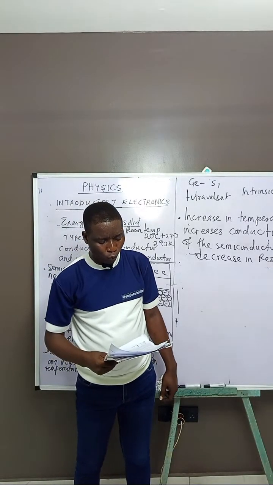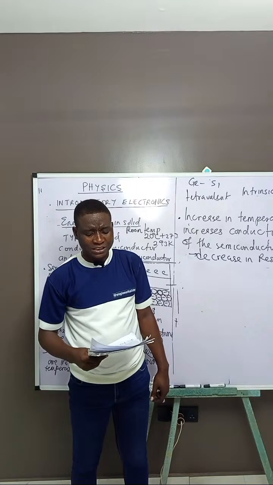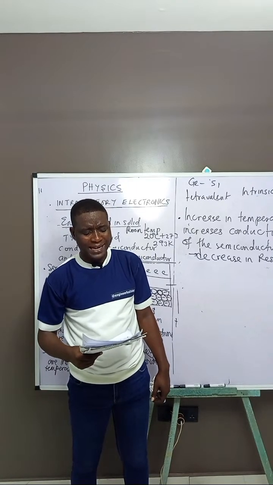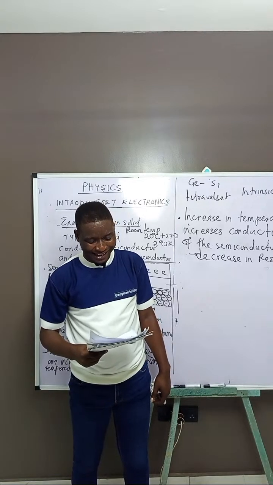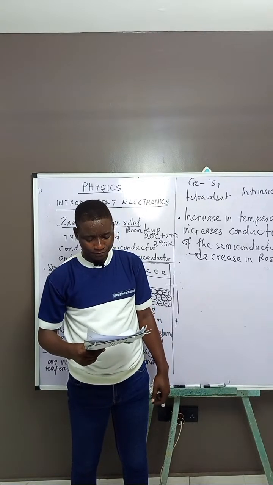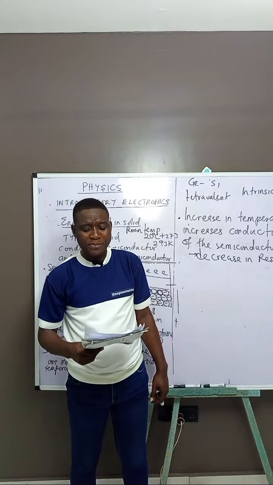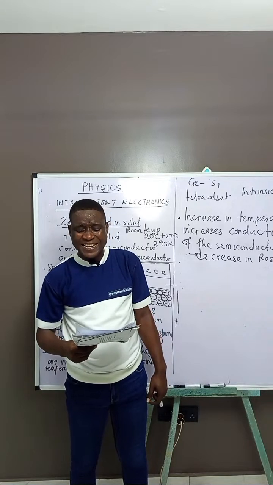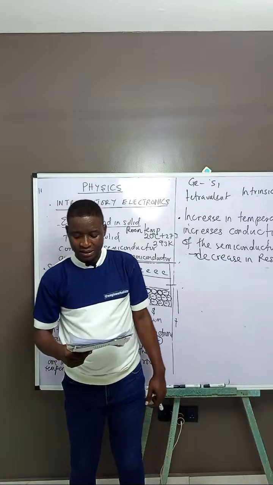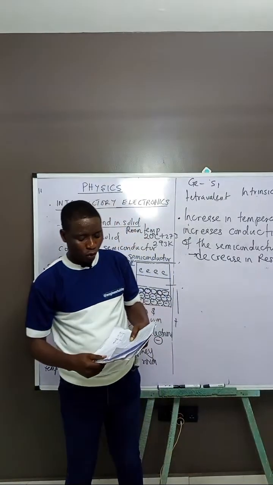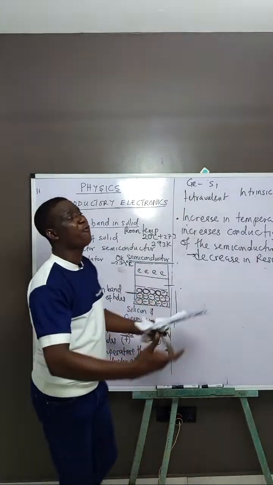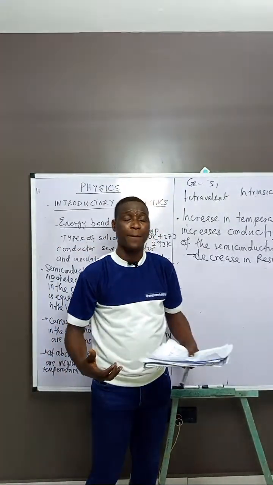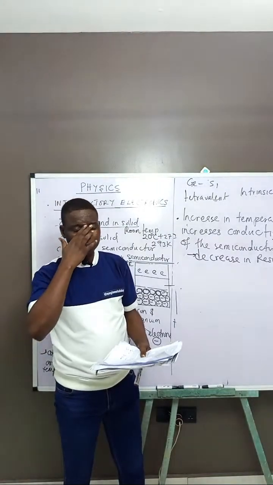Now, number 13: which of the following can conduct electricity owing to the presence of free mobile electrons? An example of that is a conductor. I've told you that conductors allow free mobile electrons to flow through them. Let me shock you.